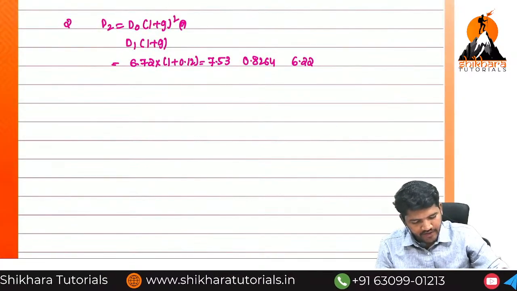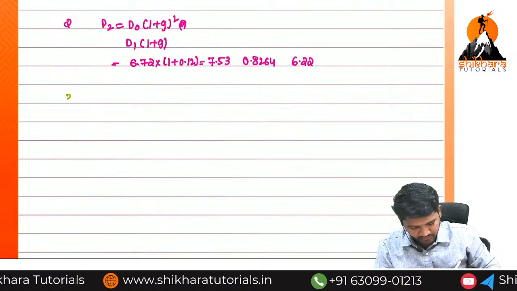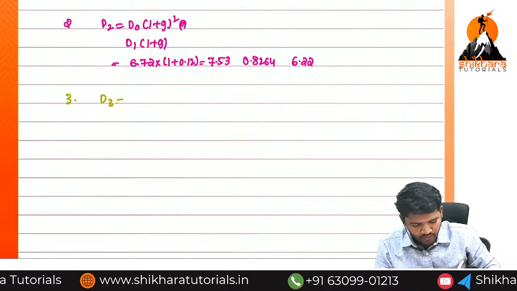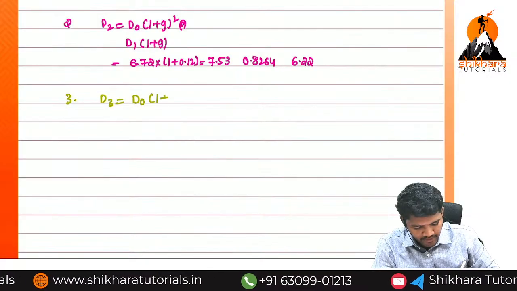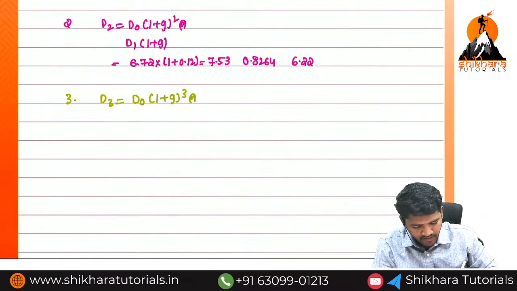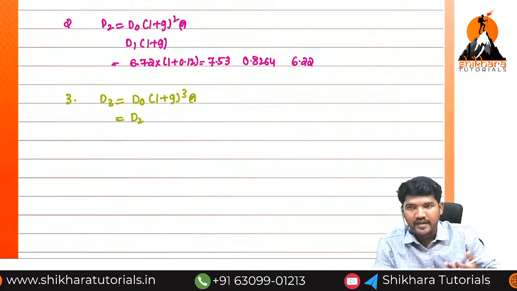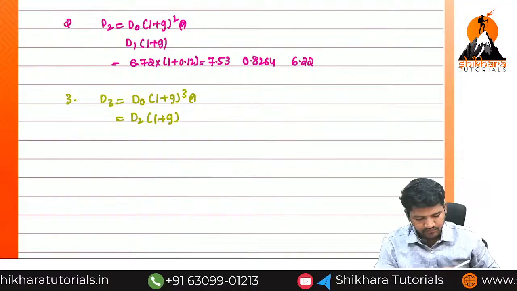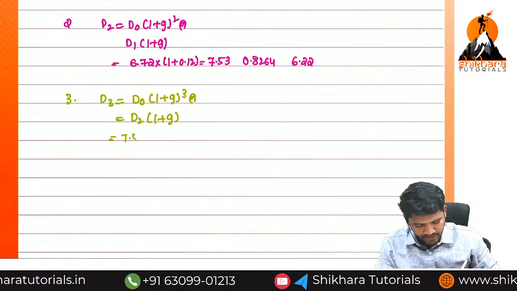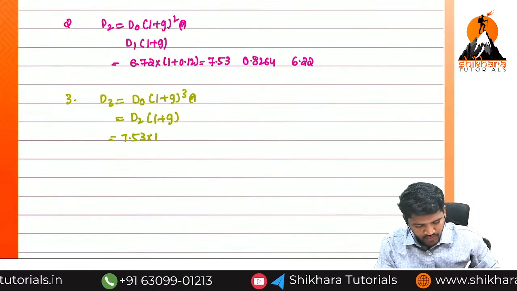When it comes to the third year, you have to consider D3. You have two logics: D0 into (1 plus growth) cubed, or D2, already grown twice, plus third year growth. 7.53 into 1.12.